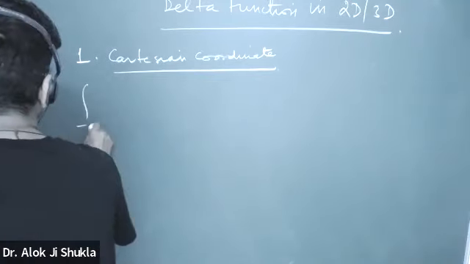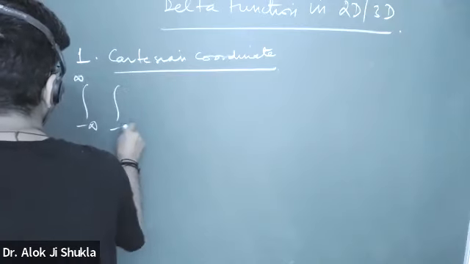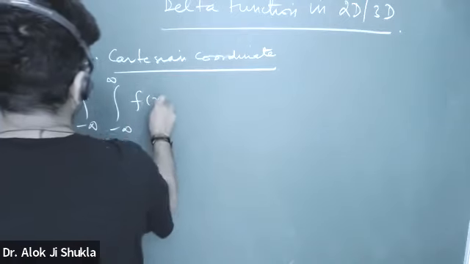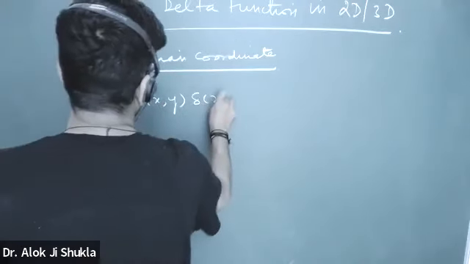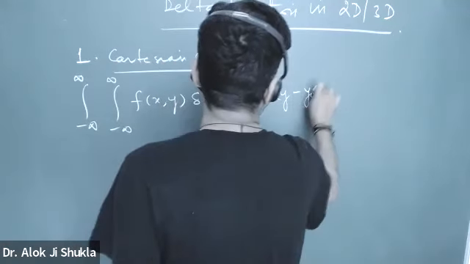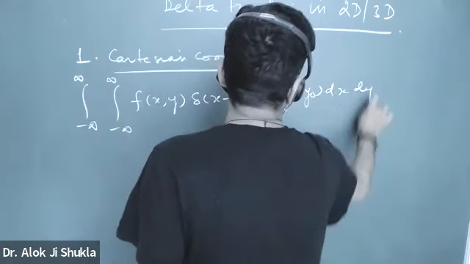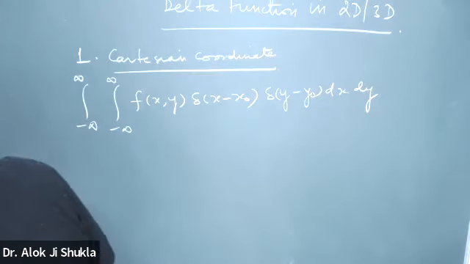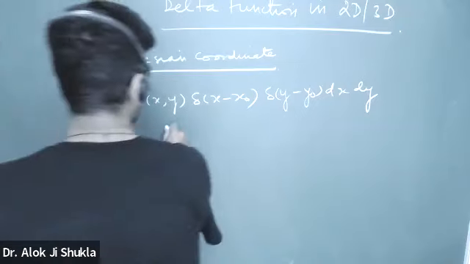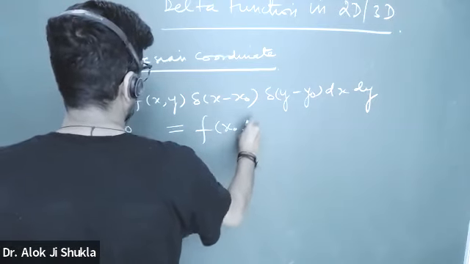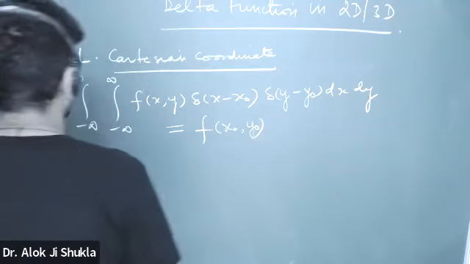The integral from minus infinity to plus infinity, integral from minus infinity to plus infinity, of some function f(x, y), delta function x minus x naught, delta function y minus y naught, dx dy. This will be in 2D, and this will become f of x naught, y naught. So this is in 2D.